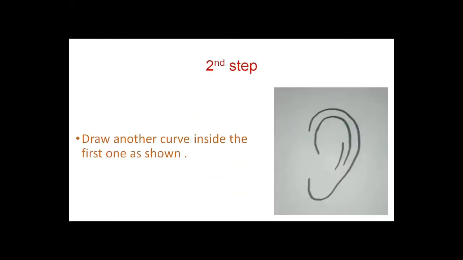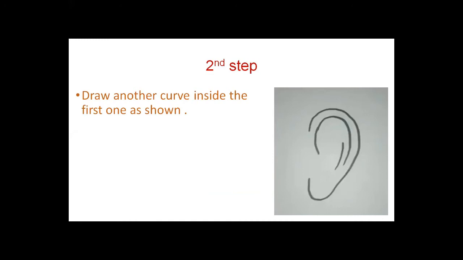In second step, we will draw another curve inside the first one as shown. This is the first curve structure, and then we draw another curve inside the first curve. Then also draw a small curve line inside.